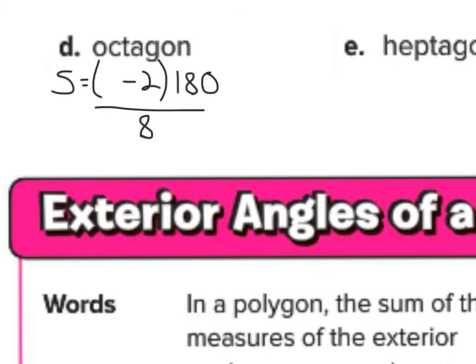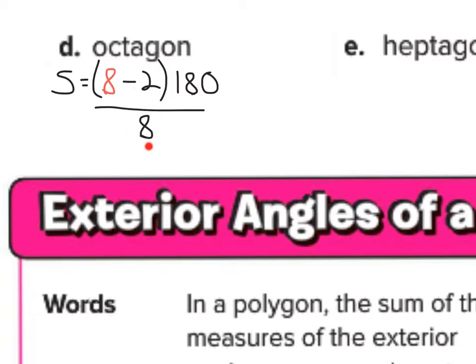Okay, so for an octagon, I'm going to just replace. I wrote down my formula that we've learned, n minus 2, but I'm not going to write n. I'm just going to go right to replacing my variable with my 8. So 8 minus 2 equals 6, times 180 will give me the sum of all my angles. But now I want to know one of those angles, so I'm going to divide it by 8. Notice I put everything under 8.